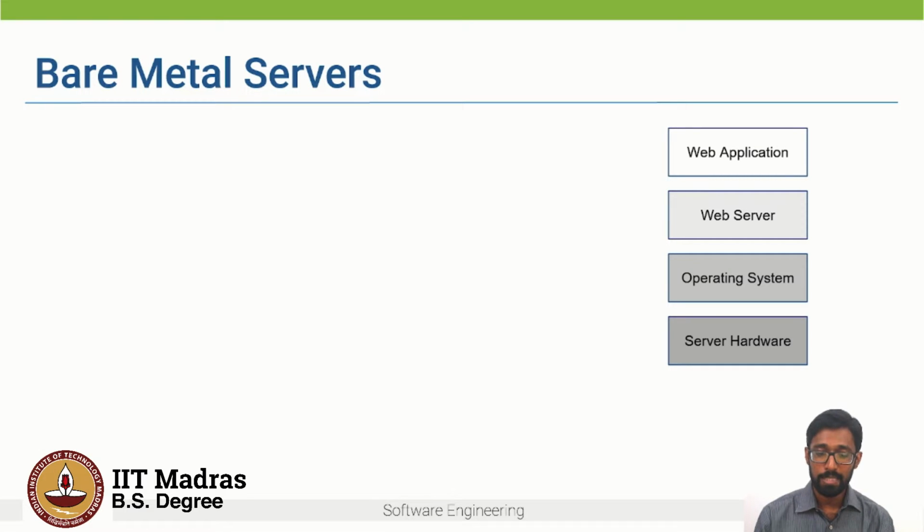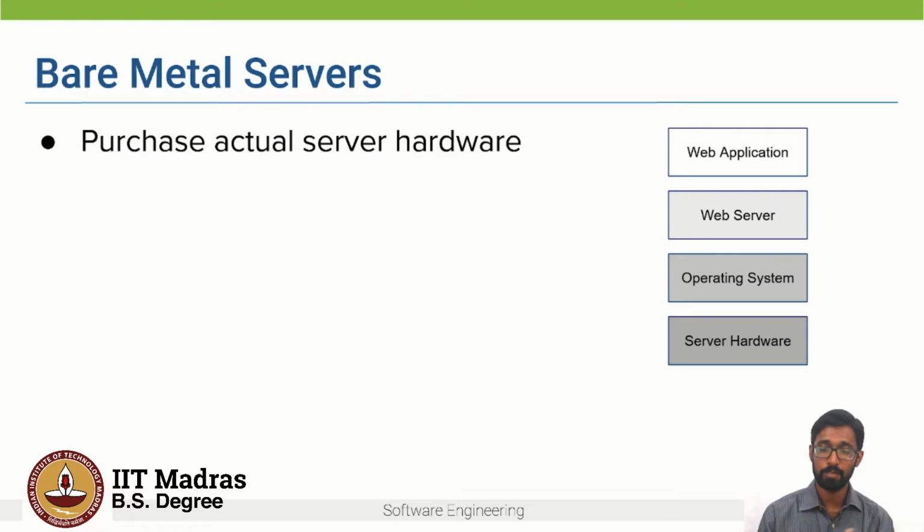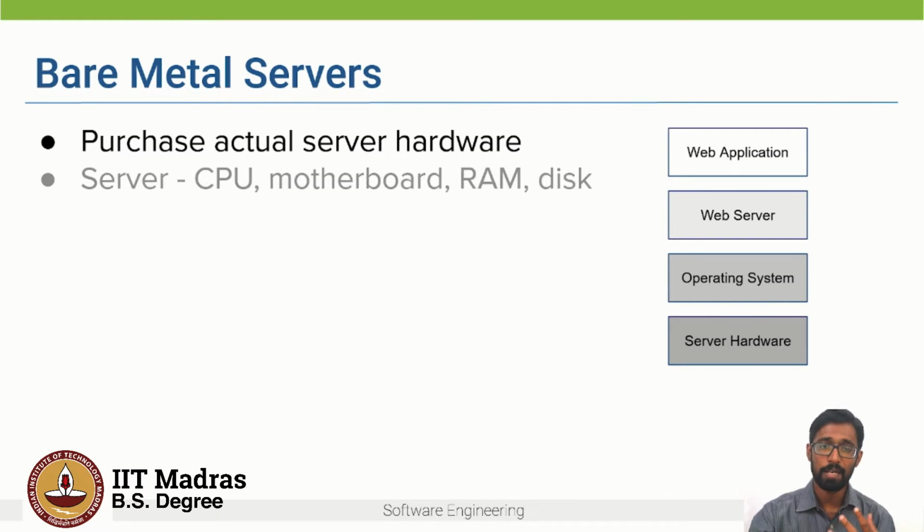Now, bare metal server: in this option, you actually purchase the server hardware which is required for the application. You purchase this server hardware, and you set up the operating system, the web server and the web application. This server system is similar to a normal desktop system. It has a CPU, motherboard, RAM, and disk storage, all of this, of course, at a very high configuration.